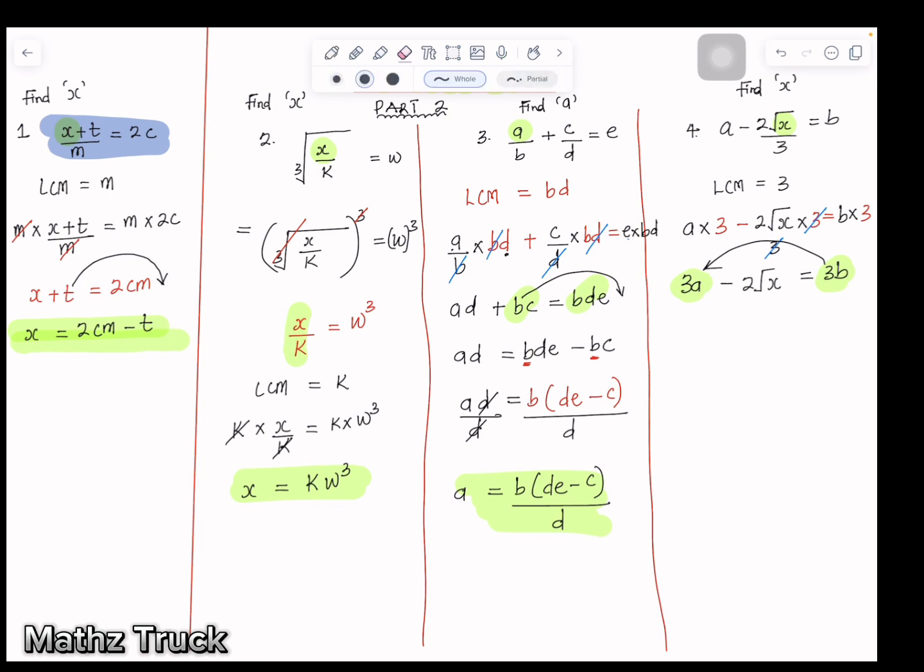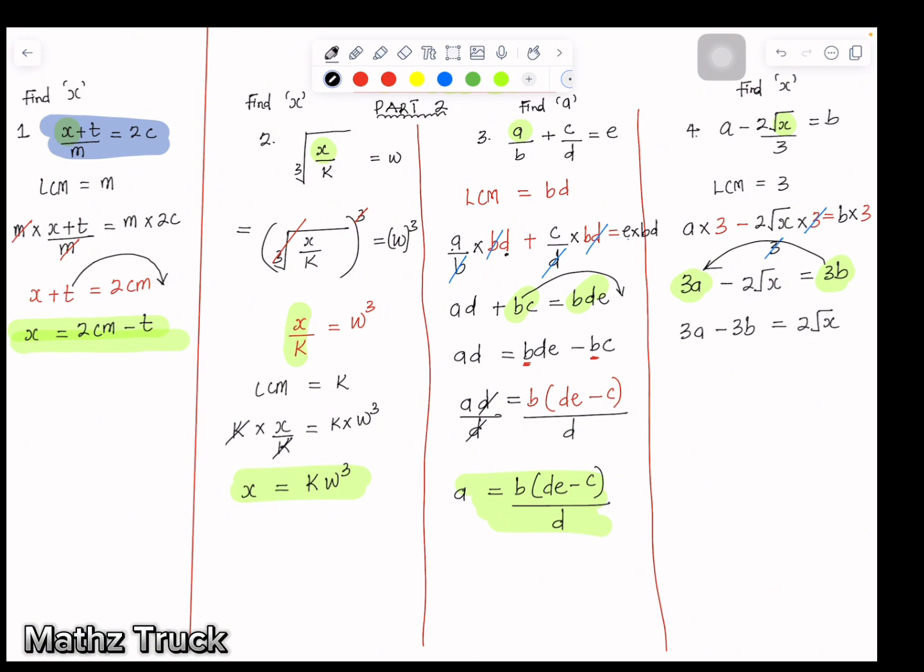Now this gives us 3A, this crossing from that side to this, crossing over the equal sign. Since it's positive, crossing now becomes negative. So that will give us 3B. Now we have positive 2 square root x.